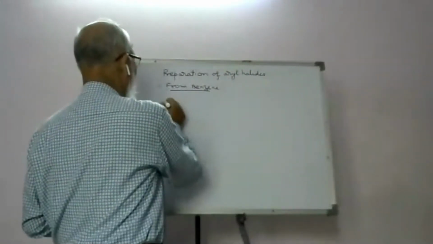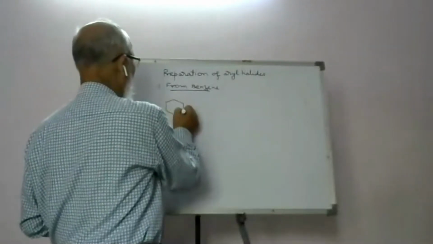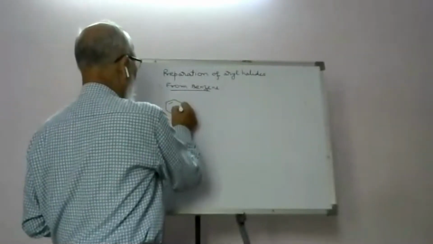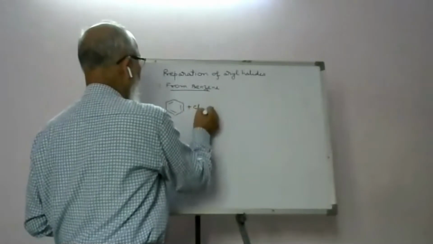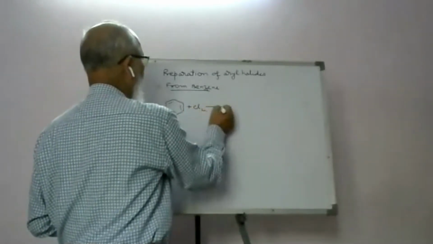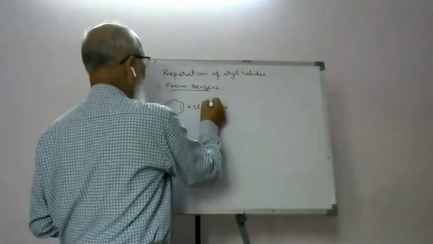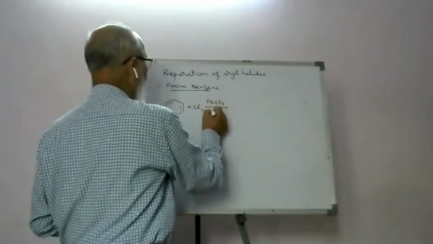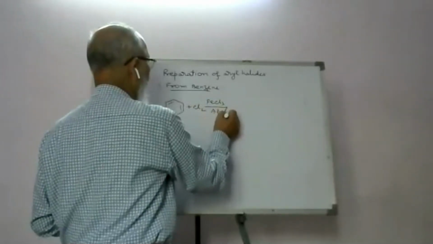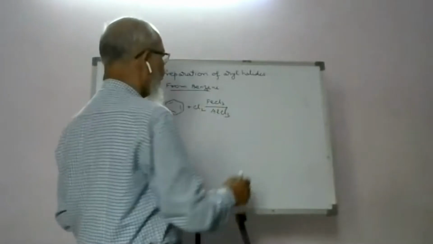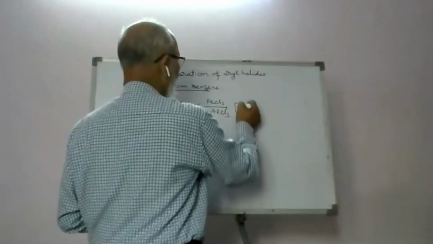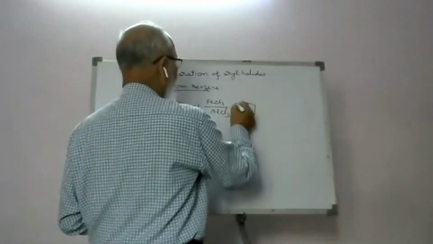For example, for the preparation of chlorobenzene, the benzene should react with chlorine in presence of FeCl3 or AlCl3 to give chlorobenzene.